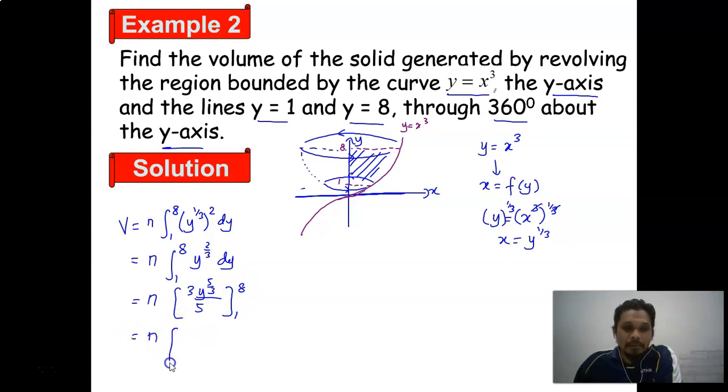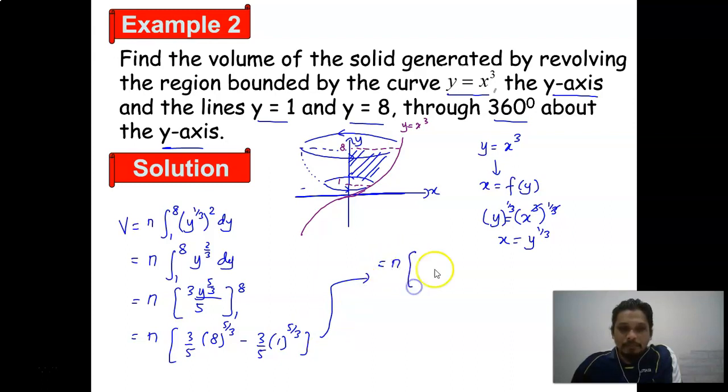And now, 3 over 5, substitute y with 8 first, which is 8 to the power of 5 over 3, and minus 3 over 5 times 1 to the power of 5 over 3. Now pi, cube root of 8 is equal to 2.